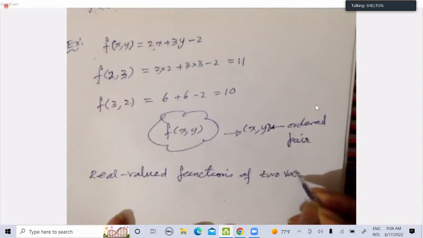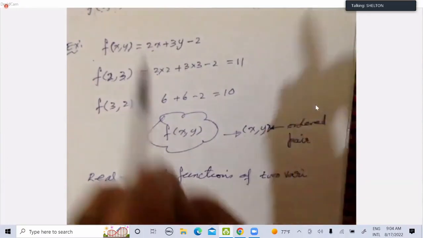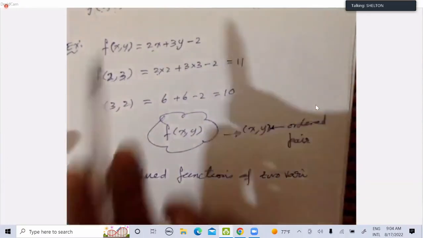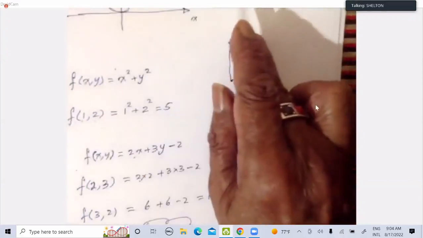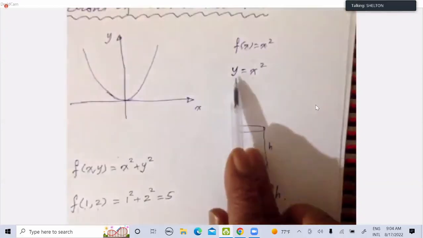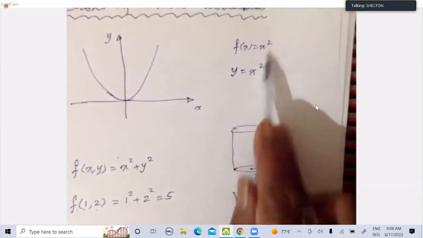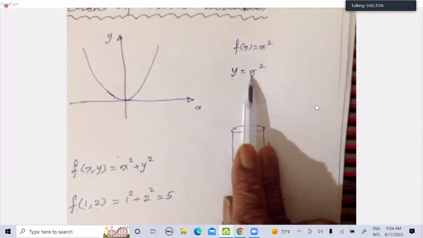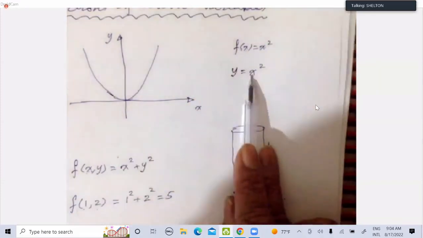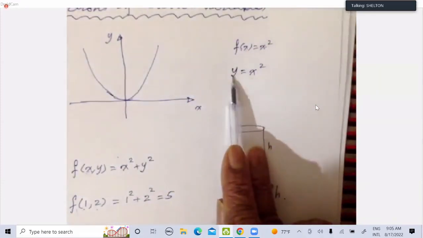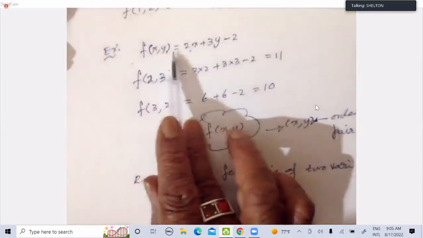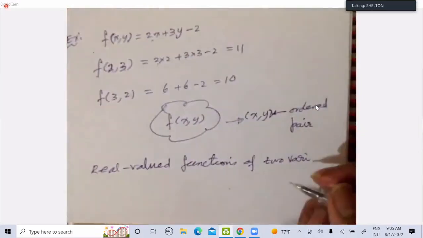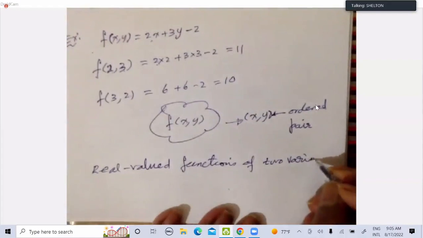What are the variables? x and y. Now, if you take y equals x squared, y depends on x. x is the independent variable, the input variable. y is the output variable. Now, x and y are both input variables, in a function of two variables.